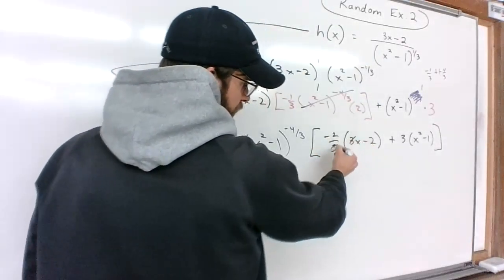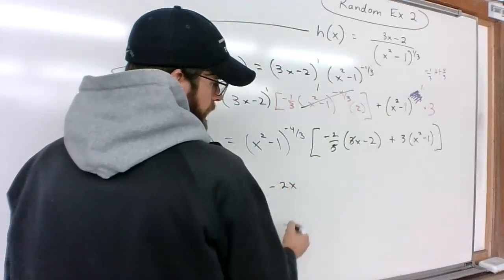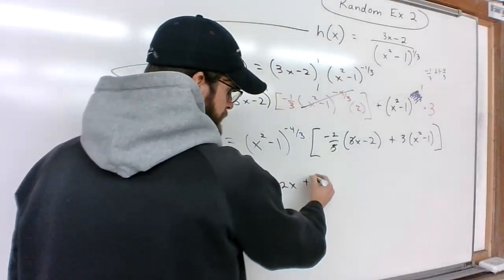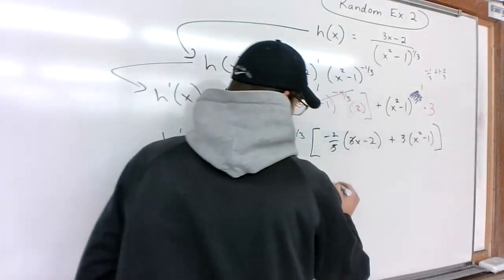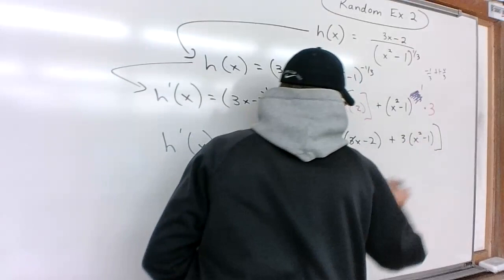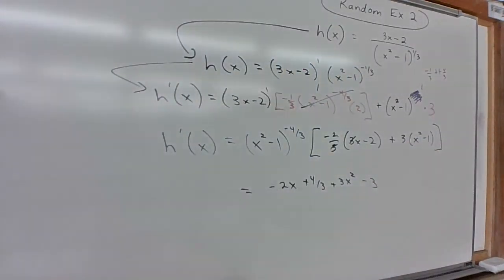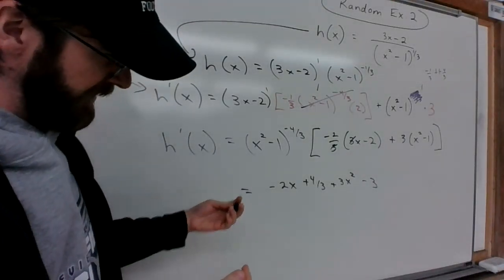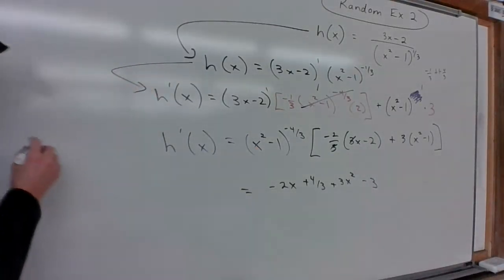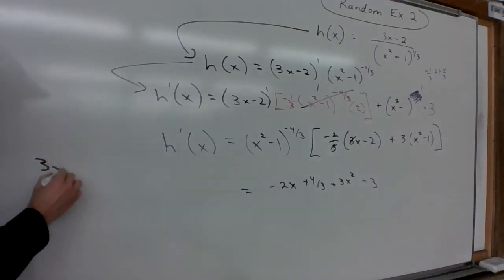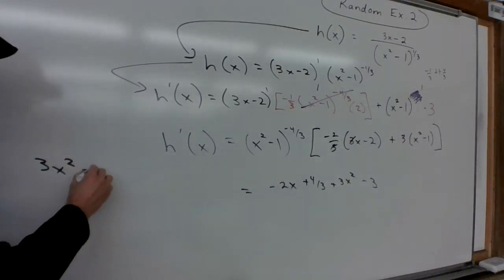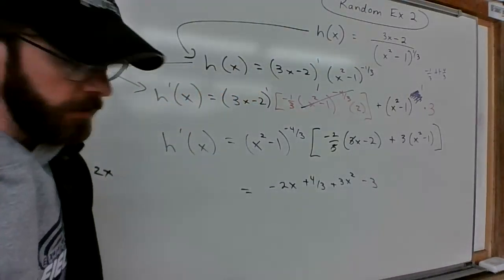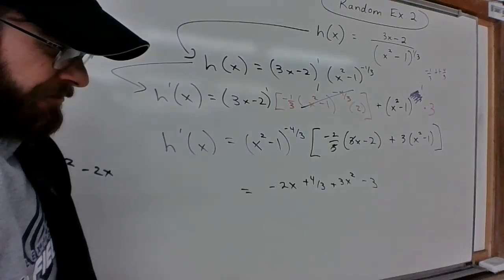These will cancel, and you're left with negative 2x. Negative 2/3 times negative 2 is positive 4/3. Plus 3x squared minus 3. And let me simplify that first before I start doing anything with the purple. Over here, it's going to be 3x squared minus 2x. 4 minus 3 is going to equal negative 5/3.